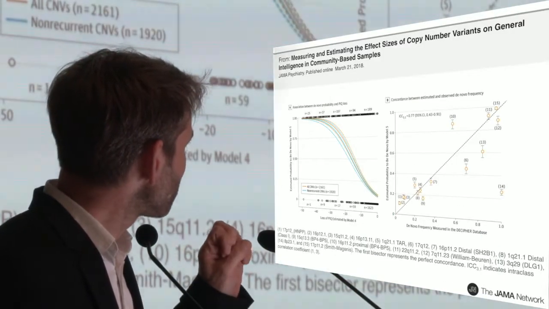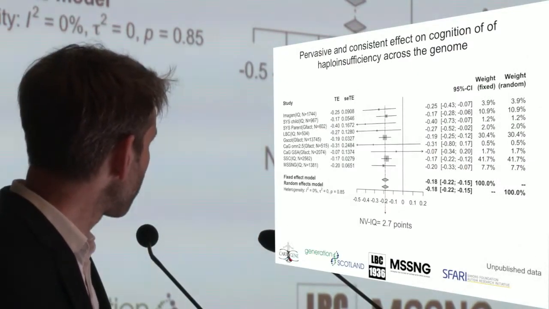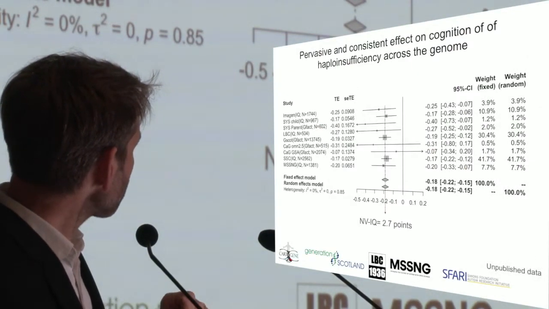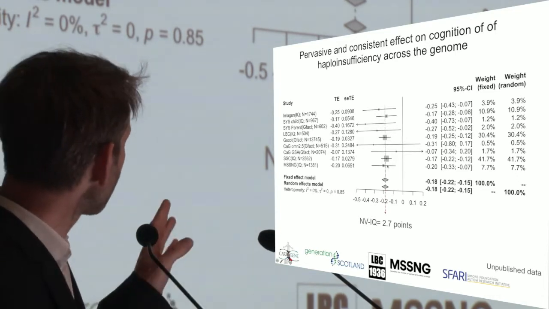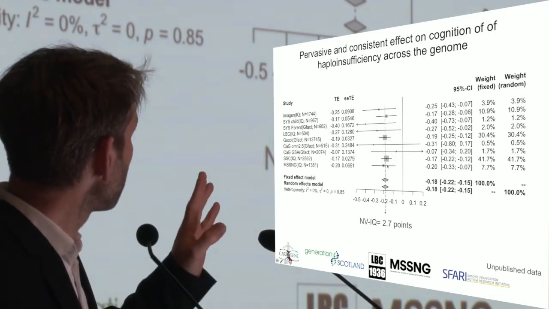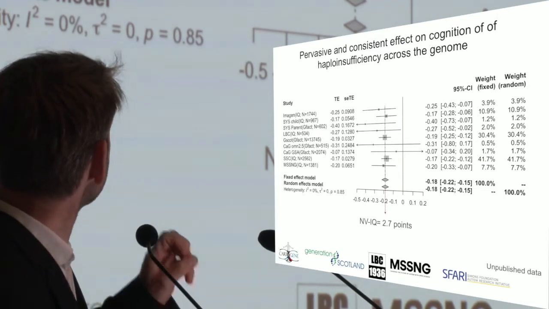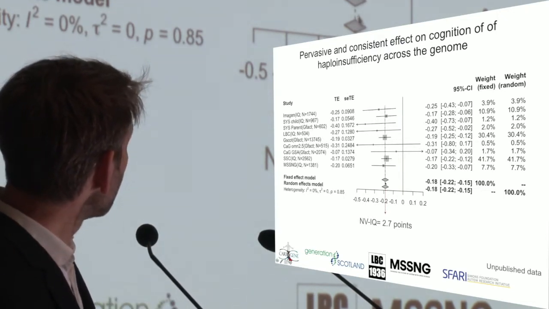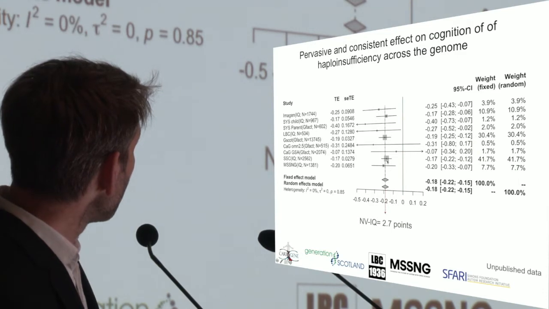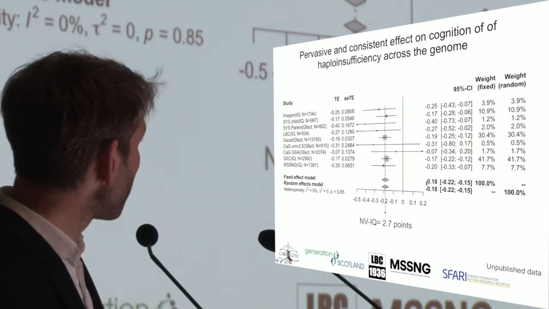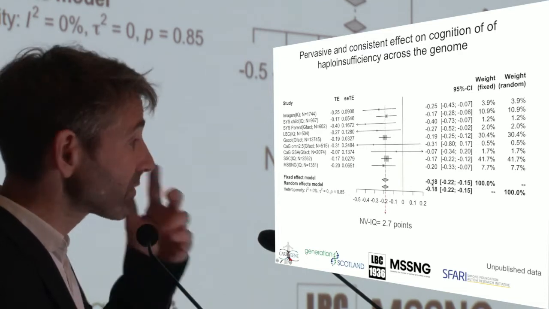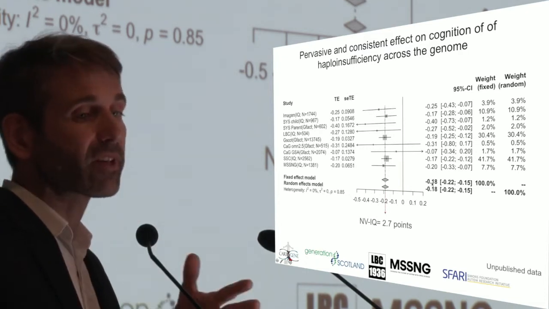I'm just going to skip this part and go directly here. This is, again, running this model now on a much larger data set of about 23,000 individuals across multiple cohorts. And what you can see is that as soon as you have a cohort that's powerful enough, you end up with 0.18 z-scores, which is exactly 2.7 points of IQ.